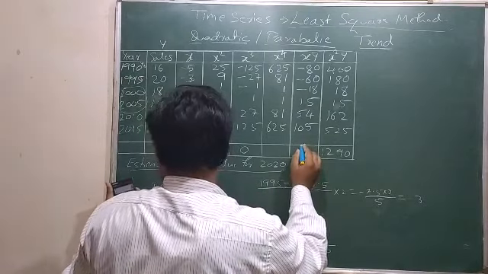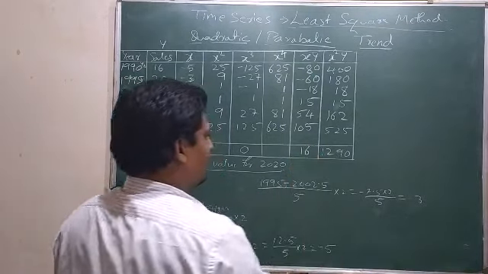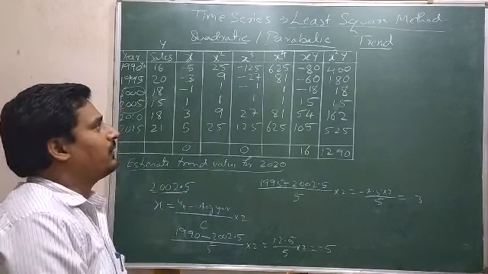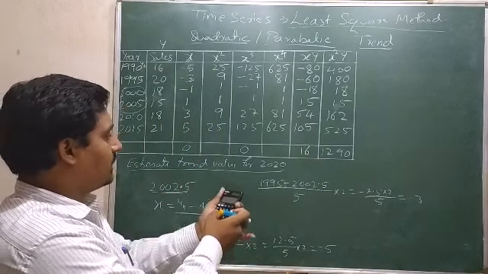So we get plus 16. The total of X column is plus 16.